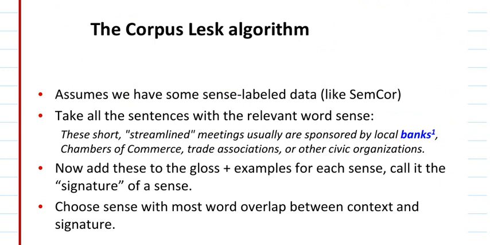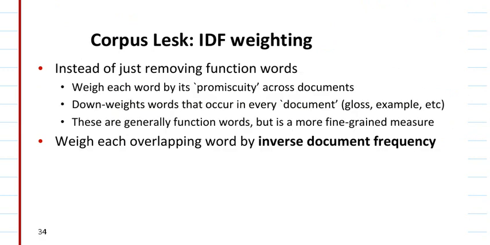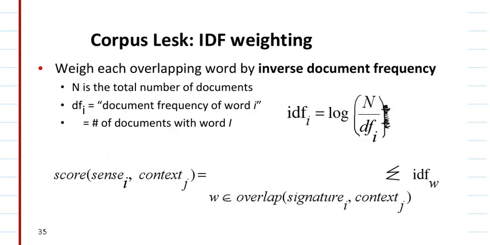There is another improvement to the LESK algorithm that is called corpus LESK, in which we have IDF weighting. What we do is calculate the inverse document frequency in respect of each of these senses. So how do we calculate the inverse document frequency? We calculate the inverse document frequency for each word present in the test sentence.